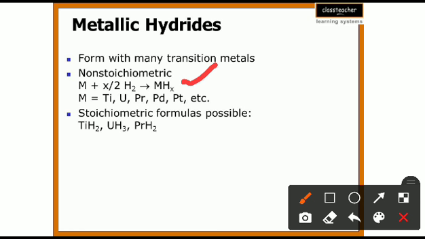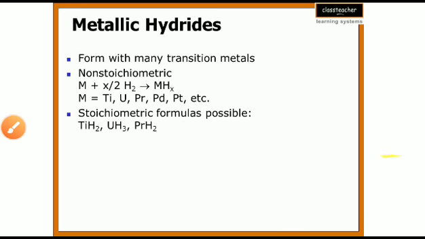M may be a transition metal or inner transition metal like titanium, uranium, praseodymium, palladium, etc. Some are non-stoichiometric metallic hydrides, and some stoichiometric metallic hydrides are also possible, like TiH2, UH3, PrH2, etc. Okay, this is about the metallic hydride.